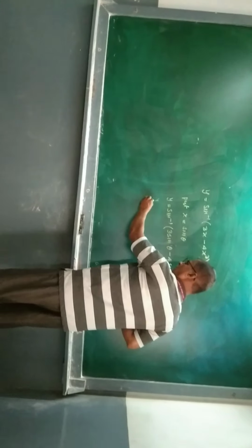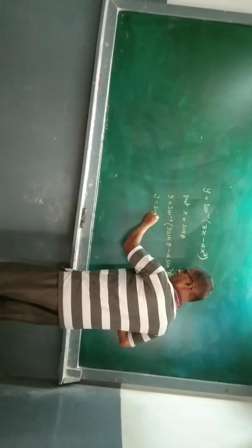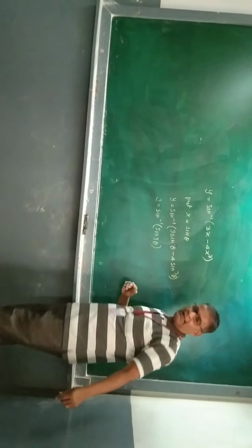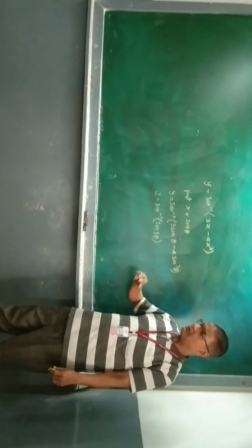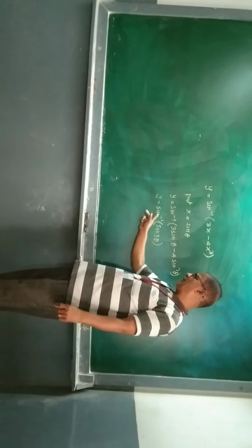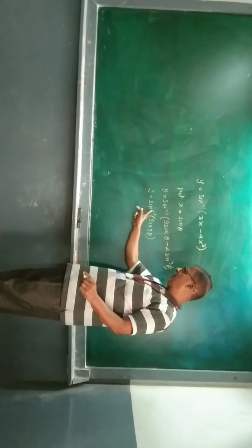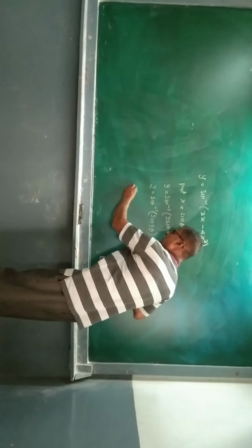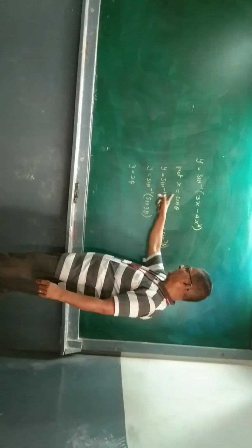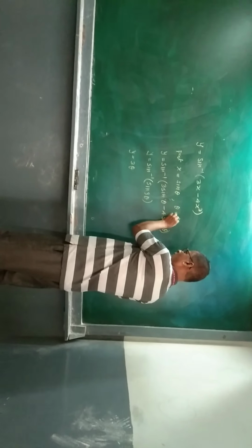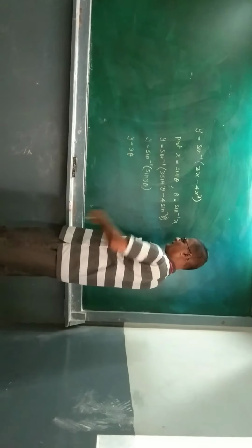We know the property. y is equal to sin inverse of sin 3 theta. And according to the inverse function property, sin inverse of sin x is equal to x. So sin inverse of sin 3 theta is equal to 3 theta. Now theta is equal to sin inverse of x.